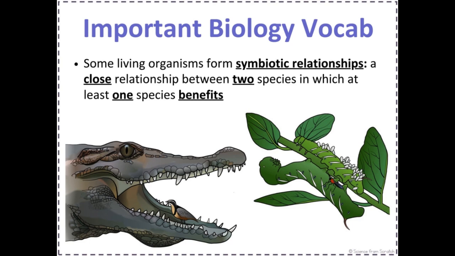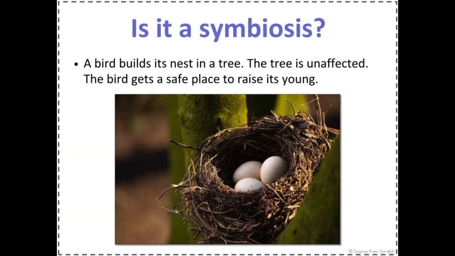Okay, so those are called symbiotic relationships. It's a close relationship between two different species where at least one species benefits. Okay, and there's 3 different types of symbiotic relationships. And we are going to talk about them a little bit more in the next chapter, but let's just see if we have the idea going for 2 species in which one benefits.